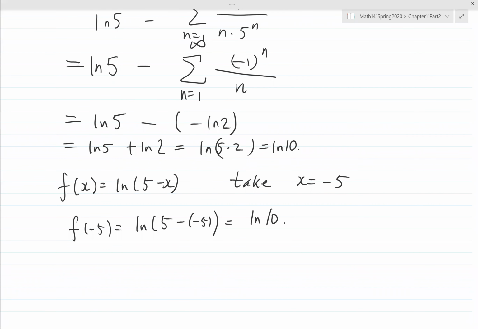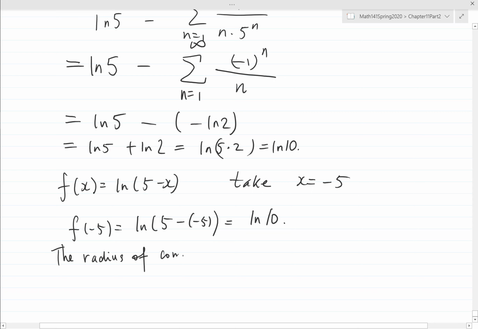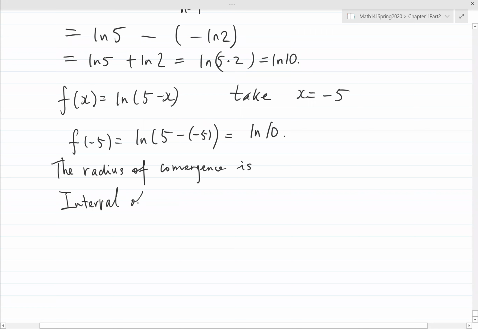So the radius of convergence, and the interval of convergence, is: -5 is okay, but +5 is not.